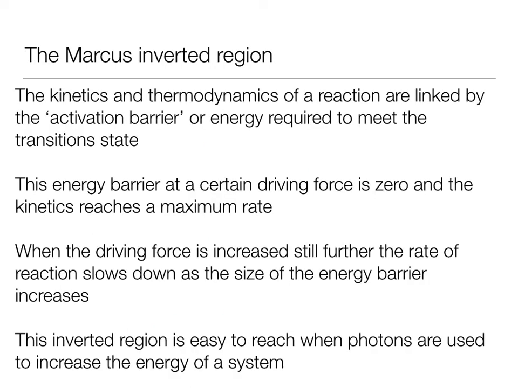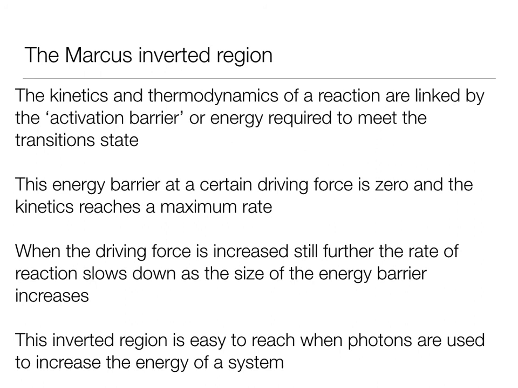So Marcus theory links kinetics and thermodynamics. It links this idea of the traditional classical activation barrier to the transition state energy, which links to exactly how much energy it takes to reorganize once I move my electron from my reactant to my product.